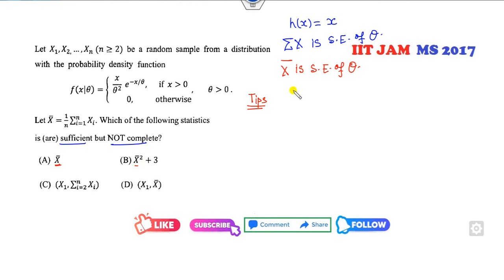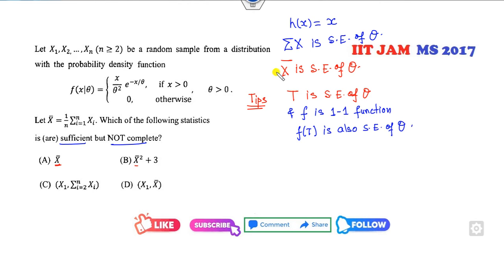Look at that. If I say T is my sufficient estimator of theta and f is a one-to-one function, then f of T is also a sufficient estimator of theta. Now I proved that x bar is my sufficient estimator.